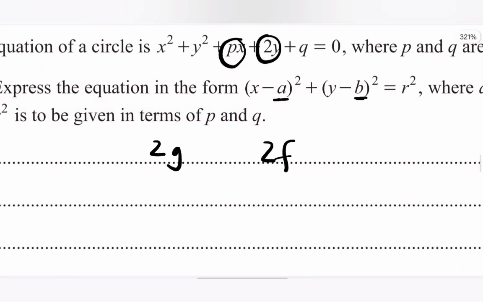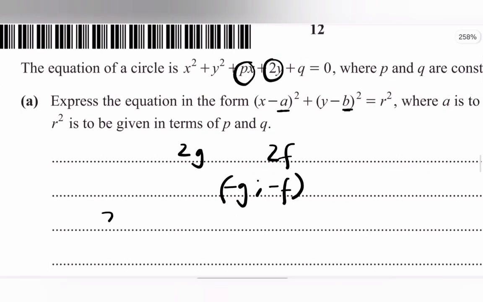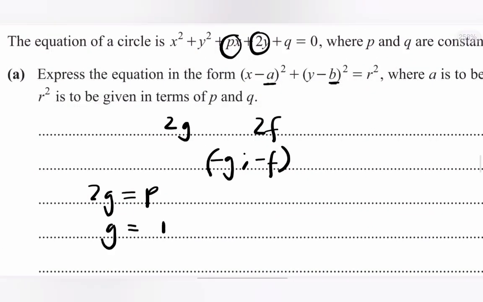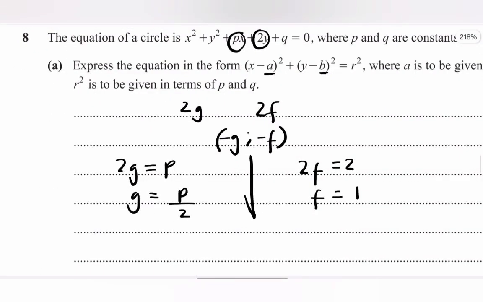And we know our center will be minus g, minus f. So we can say 2g is equal to p. So our g will be equal to p over 2. And we say 2f is equal to 2, the coefficient of y, and our f will be equal to 1. So for the center, it will be minus p over 2 and minus 1. These will be the coordinates of the center.